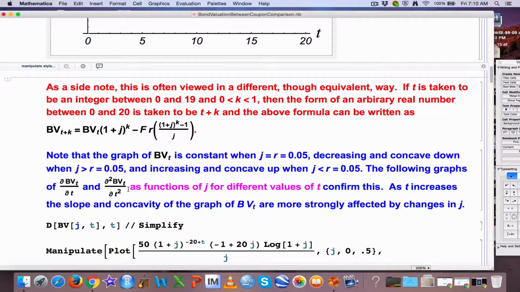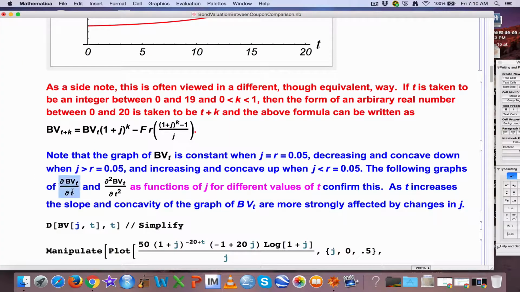But I'm going to make graphs of these things as functions of j, which sounds pretty weird, but technically speaking, since both j and t can be thought of as variables, I could do this. Notice the partial derivative symbols. These things are both functions of j and t as well, and I can graph them as functions of j, but then for different values of t.